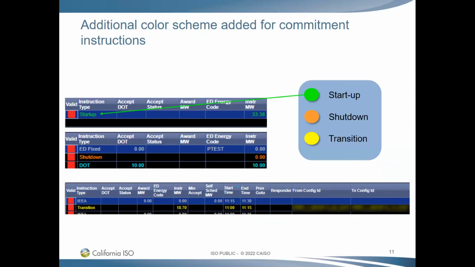For any resources that have received an instruction to shut down, they will see those in orange. And for any MSGs, our multi-stage generators, that have been given instructions to transition from one configuration to the next, those will be received in yellow.